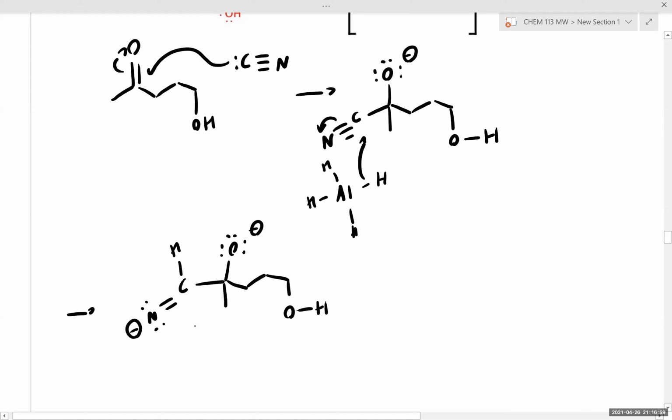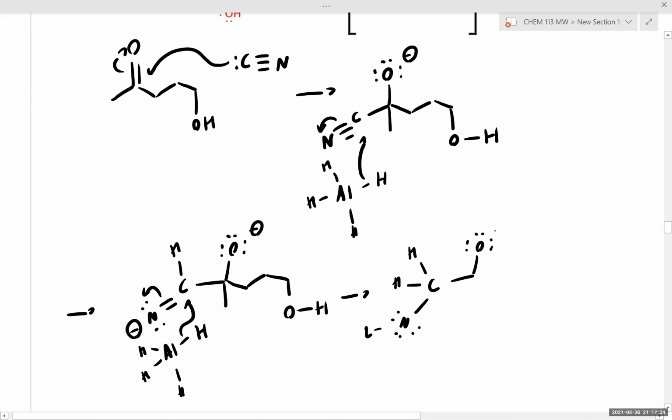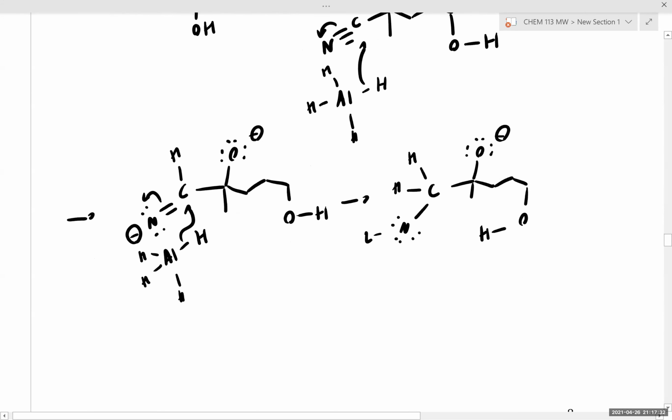And then from here, a second equivalent of hydride can be donated to further reduce down the nitrile. And then from here, when we quench with water, we're just going to protonate the anions.